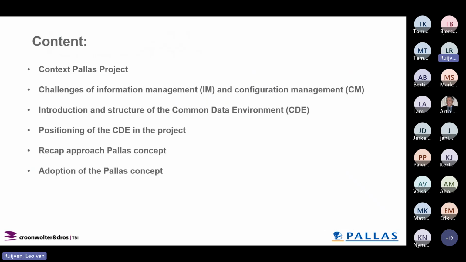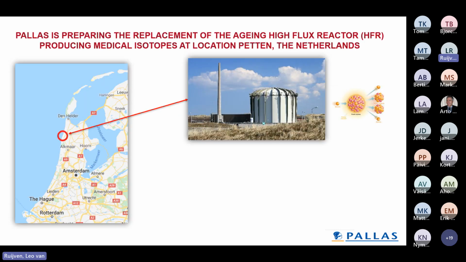In fact, what I will show in the next half hour is just some context of the project, challenges of information management, the structure of the CDE, the positioning in the project, and a recap of the PALAS concept. The project itself, PALAS, is preparing the replacement of the aging high flux reactor producing medical isotopes at location Petten in the Netherlands.